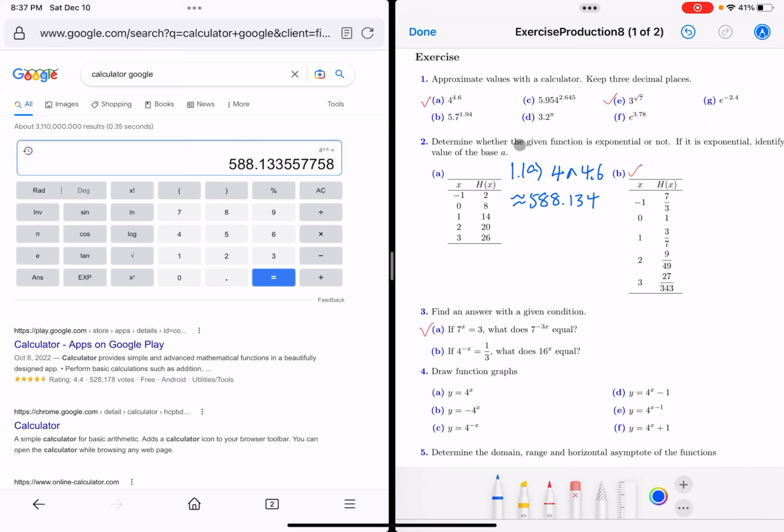Now, let's look at 1.E. 1.E, we have 3, and then on the TI-83 calculator it is arrow up, and then you input radical 7.